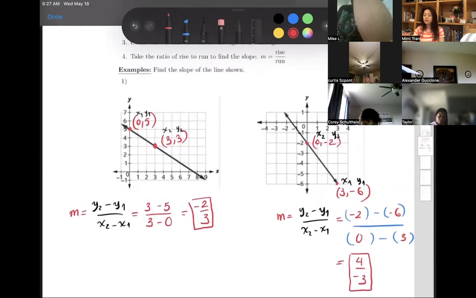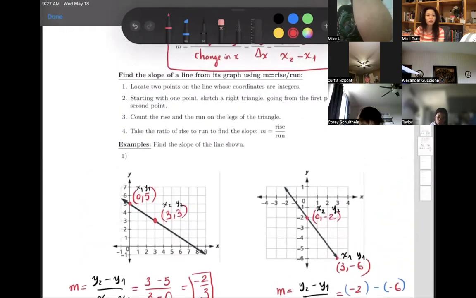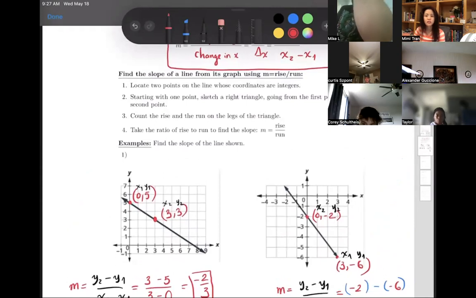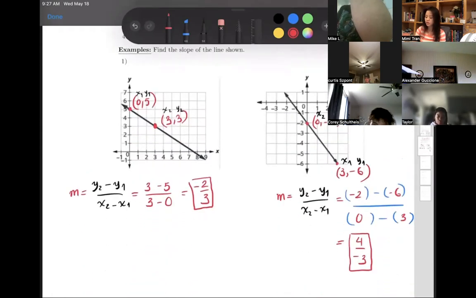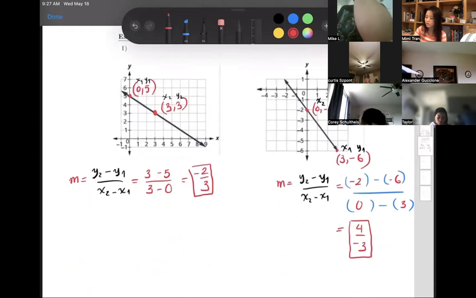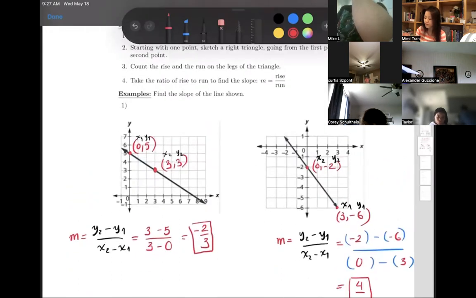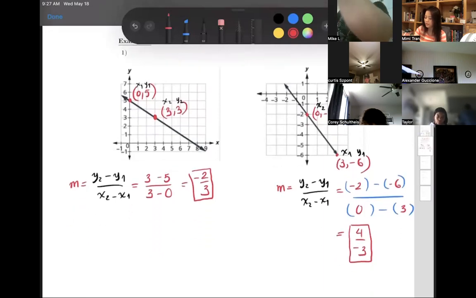Now, what about using rise over run? Have you guys heard of rise over run? Yeah, maybe in your high school class. I'm going to show you how to do rise over run. So, for example, go back to number 1A.